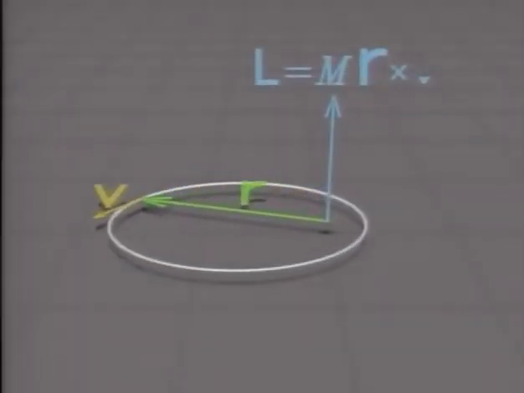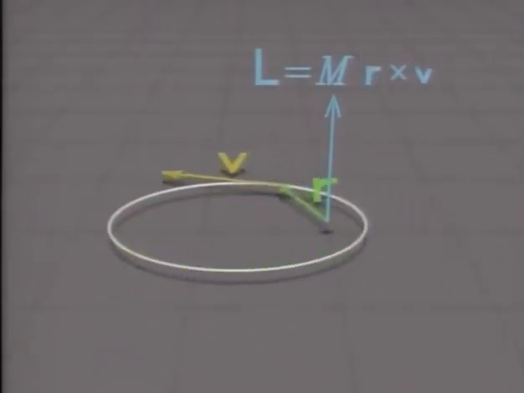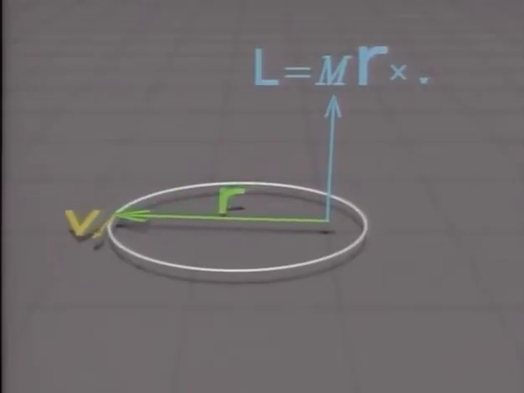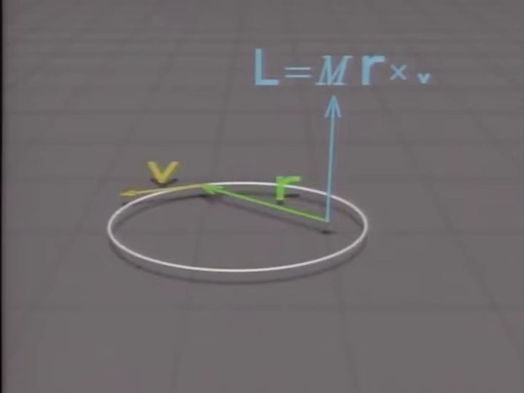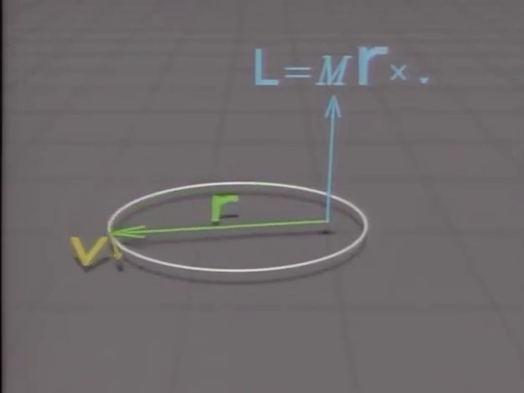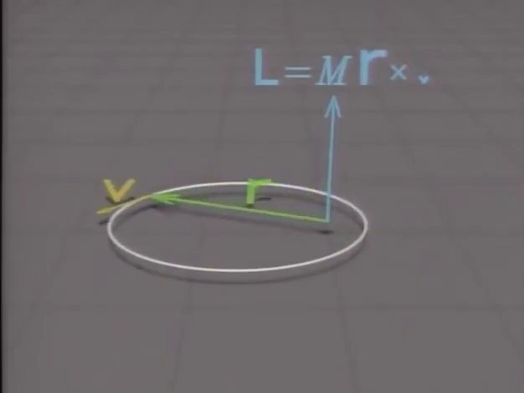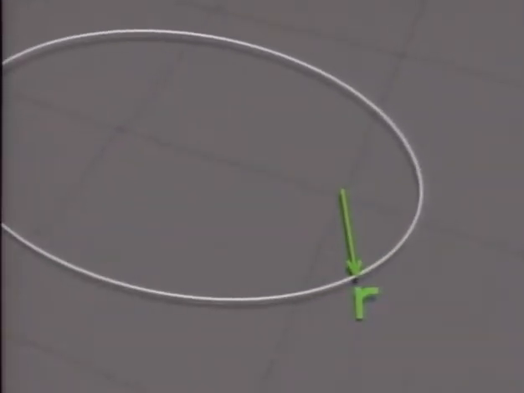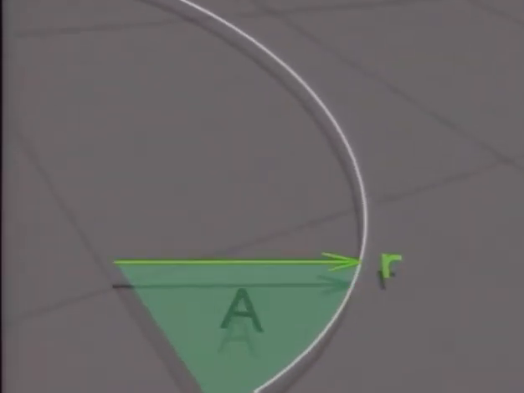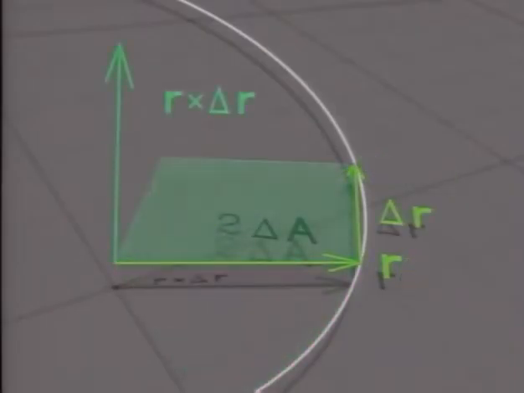That quantity is called the angular momentum. A planet orbiting with constant angular momentum stays in a single plane. Its orbital speed varies in a precisely determined way. The area swept out by its radius vector changes at a constant rate.